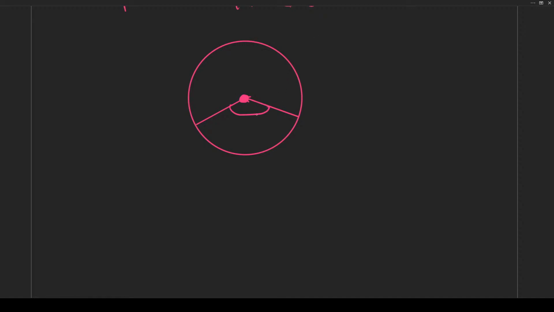This is 60-degree angle, and a cell is connected like this. This is O, this is A, this is C.